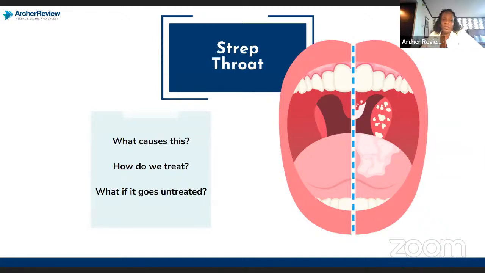So moving on down to the throat. What causes these little white pockets that you see in the back of the throat? What would be the hallmark of identifying strep? Besides the sore throat, the stomach ache, and headache, other things that go along with strep are palatine petechiae.